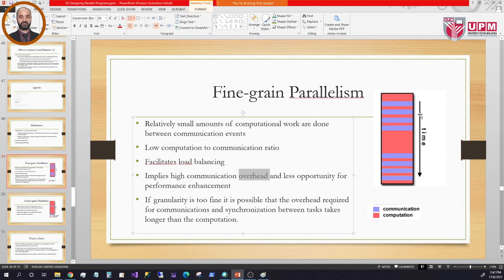And also sometimes we break the program into multiple pieces of tasks, and those tasks have a very high level of communication and synchronization, but the time improvement is very little. So if, let's say, the sequential time is 30 minutes, but after we break the program into 30 pieces of tasks, we improve only 2 minutes.